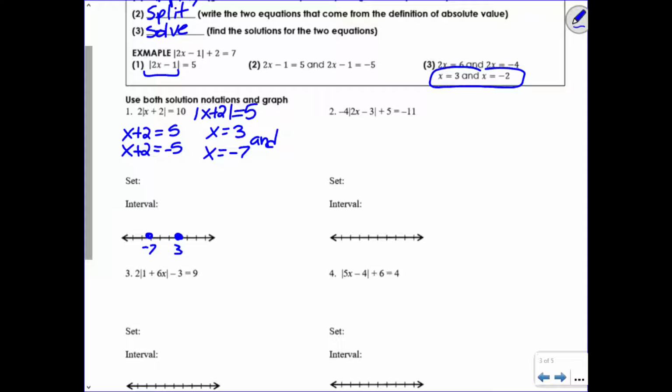So this is the graph. Now, how would I write these in set builder notation? X such that x equals, I would prefer that you write them in the order that you see them on the graph. And then what about interval notation?